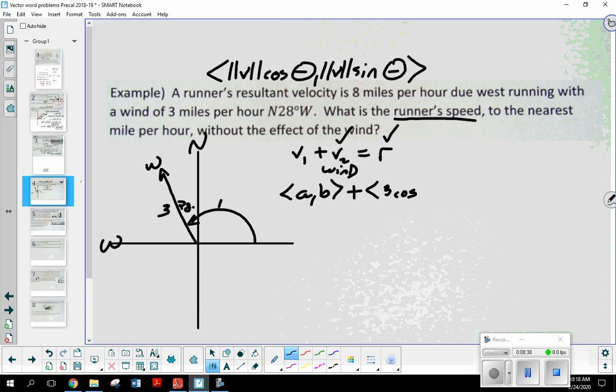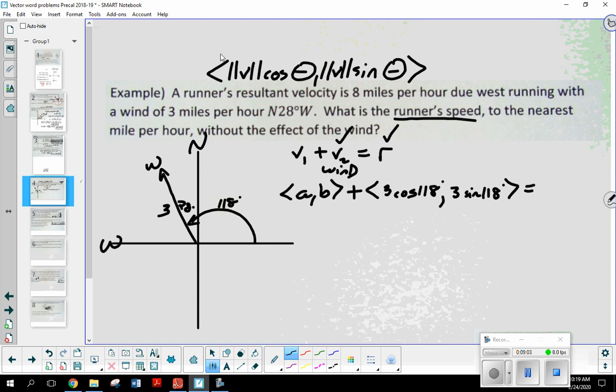So I actually want to go ahead and plug in 118 degrees. That's the one thing you really need to be very careful about. You want to make sure that you're putting in the correct angle measurement. Sometimes it's what's given in the problem. Sometimes it's not. You have to be able to tell the difference. So what's the rest of this vector? 3, the magnitude times sine of 118 degrees equals.